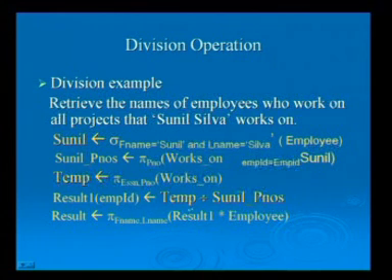Temp has got two attributes and Sunil's project numbers has got one attribute. So, this result will have only one attribute, that is the employee ID, and then we join that with employee to get the names of the employees, and this eventual result relation will have the names of the employees who work on all the projects that Sunil Silva is working on.